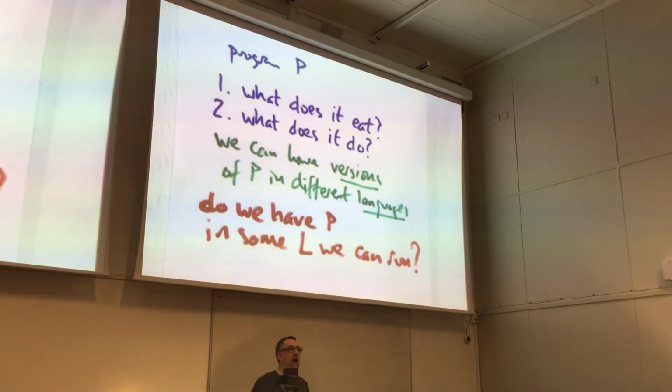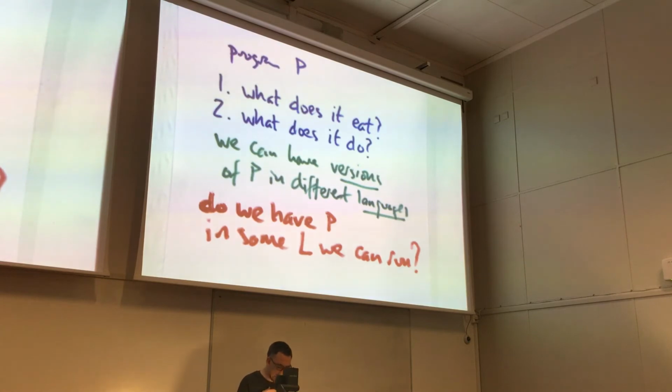To run a program, you must have a version of it in some language that your equipment will understand. So, not all versions of the same program are equally useful. If you've got a version of a program in a language and you've got no equipment for running that language, it's junk. Okay?